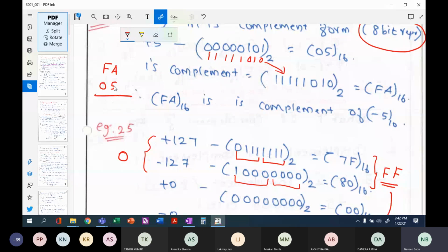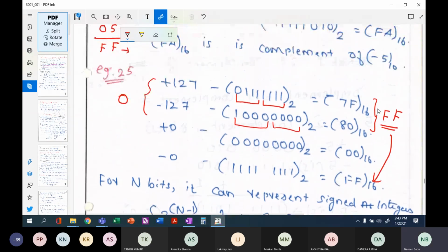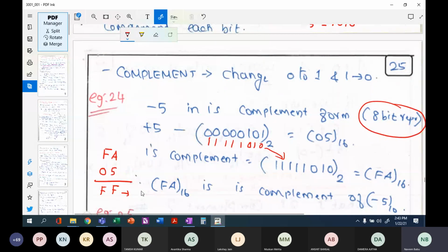Right? So what is A plus 5? 10 plus 5 is 15. 15 is represented as F in hexadecimal and F plus 0 is F. And what is this equivalent to in this number system? FF is equivalent to minus 0.